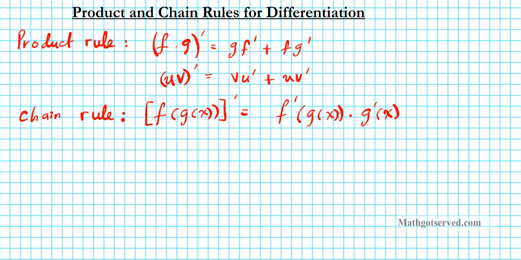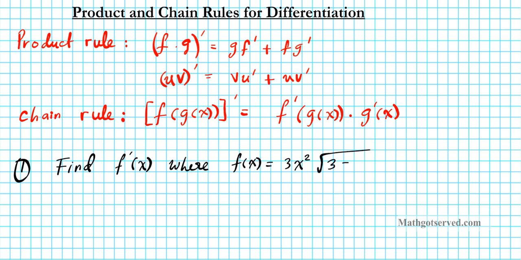All right, so now let's go ahead and consider the problem. Problem one, find f prime of x, where f of x is equal to 3x squared times the square root of 3x minus 2. Okay?